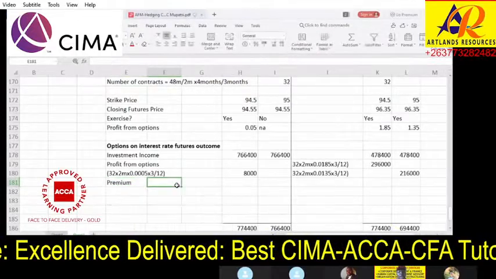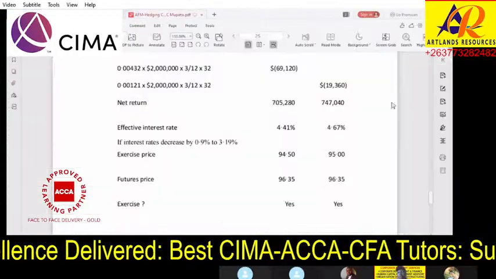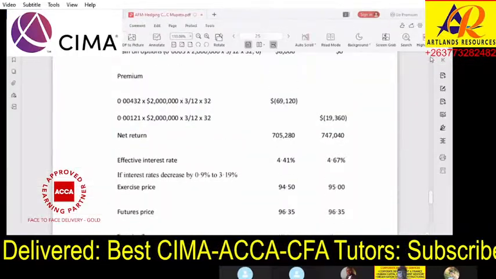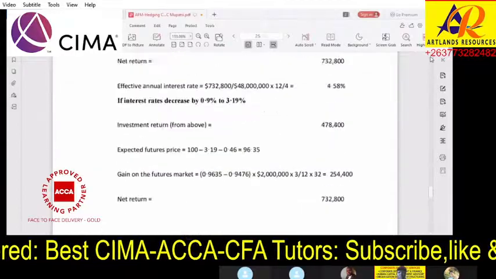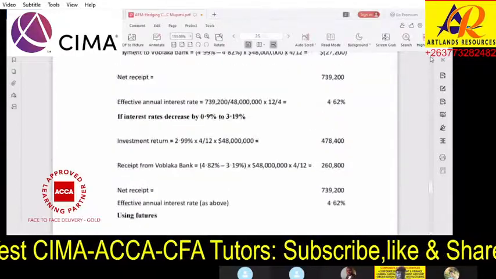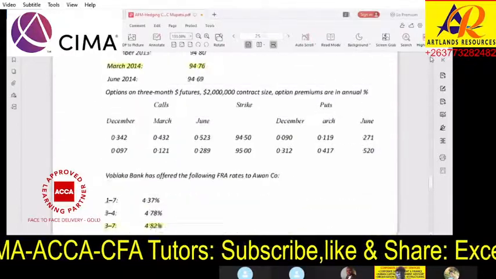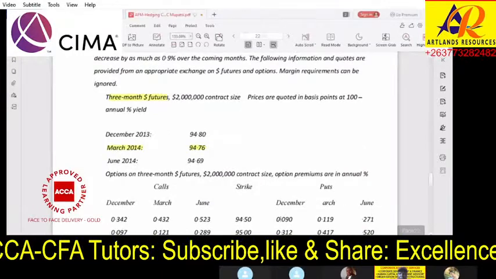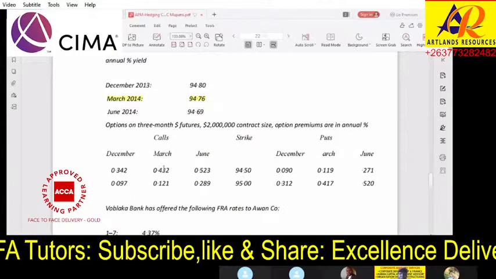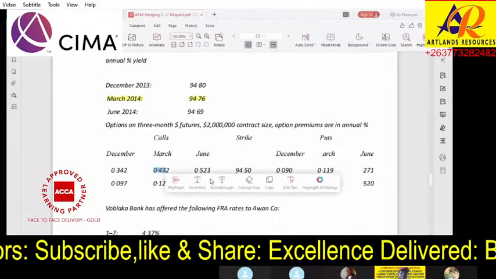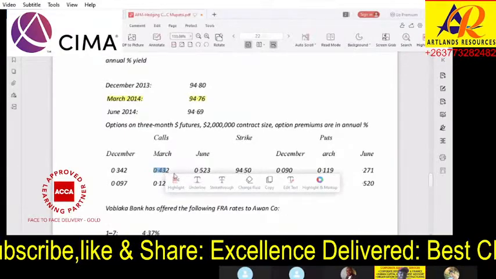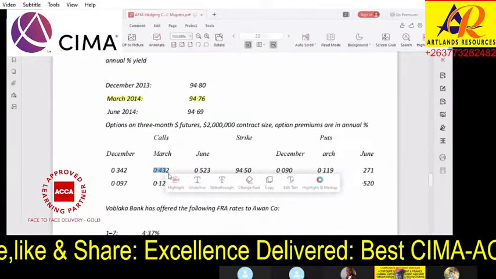Now for premiums, what you do is you go to the table. Here are your premiums. Remember we said March calls. So at a strike price of 94, it's 0.432%.